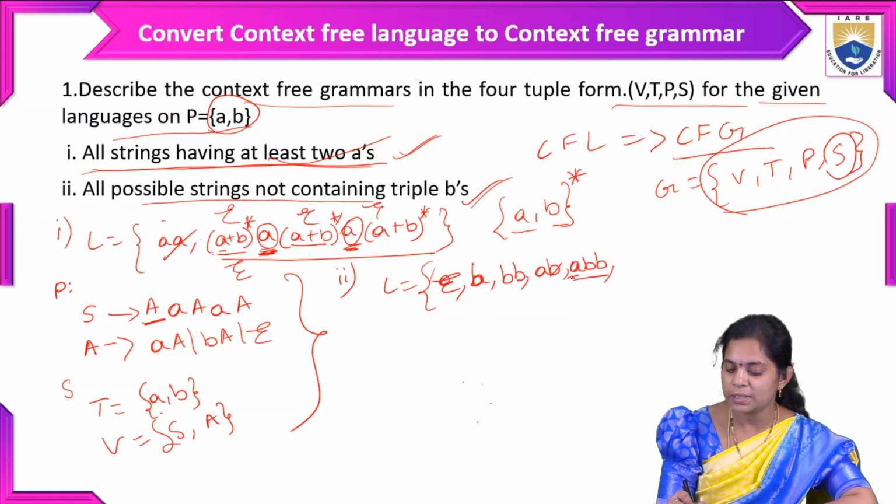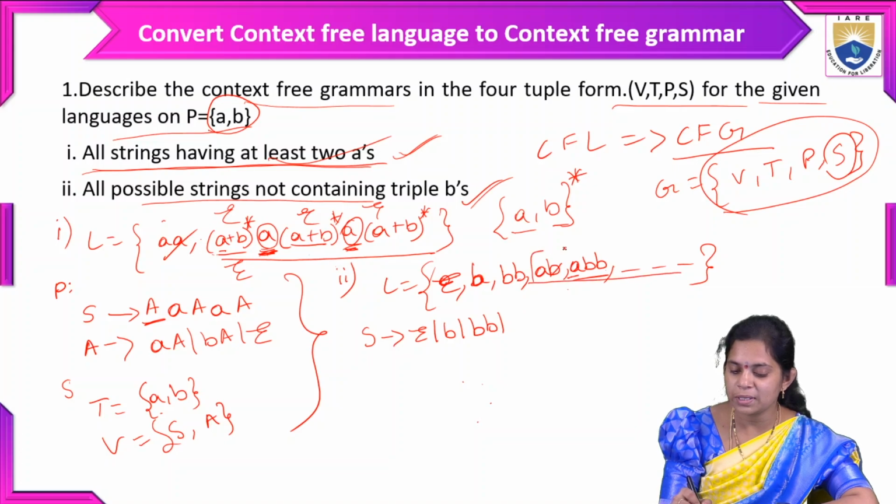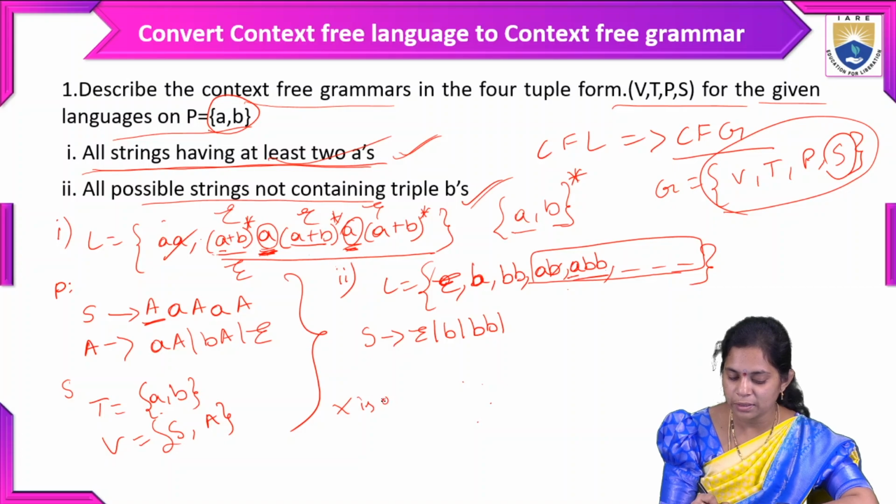And in case of this A plus B, so B is there, we need to stop there. So B is not included here, and so on we will write. And here for the same thing, how to represent in the production rule. S tends to epsilon, B is accepted and BB is accepted, and X is a string.